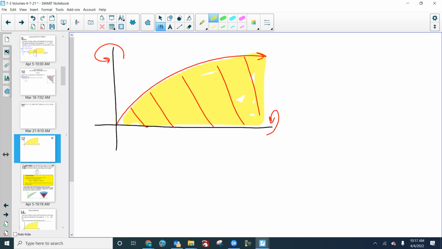Is it right? Oh, thank you. Appreciate it. Now, what's the problem? A cross section, ready? I'm going to be kind of wordy today. A cross section perpendicular to the axis of revolution is not solid. Back up for a minute.